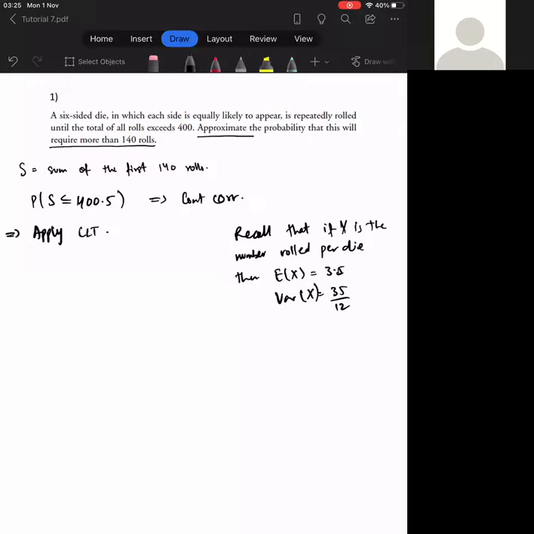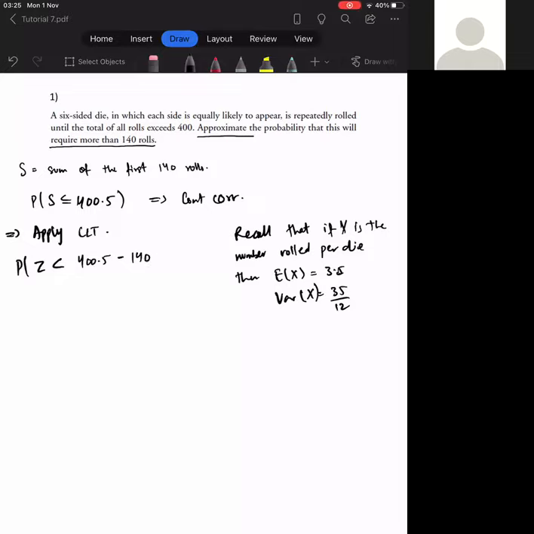So applying CLT will give us Z being normal with mean 0 and standard deviation 1. We're standardizing this probability. We can do it as follows.